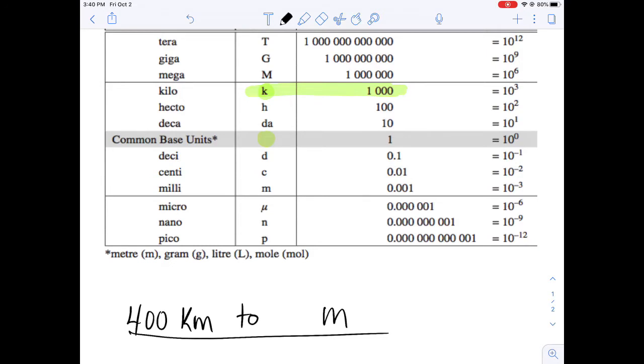If I was using a different unit, 1 hectometer is 100 meters. I'm going to use those two values in this table to build a conversion factor.